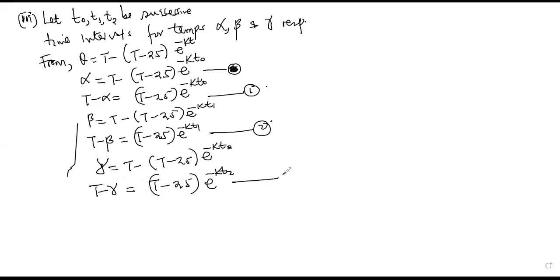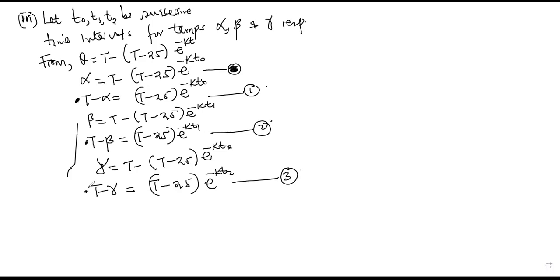I call this one my equation 3. So I have an equation of T minus alpha, I have an equation of T minus beta, I have an equation of T minus gamma. But the question wants me to find T.